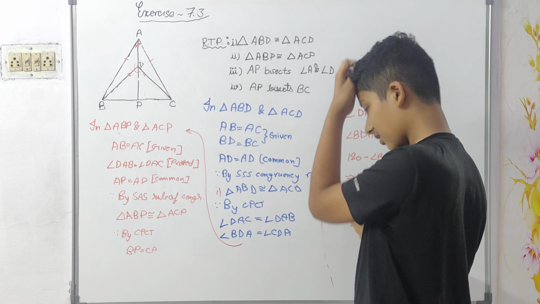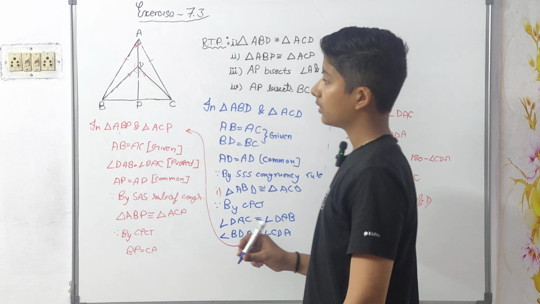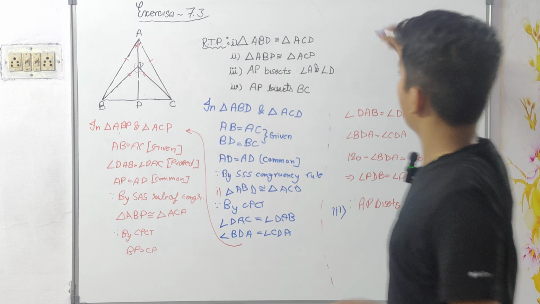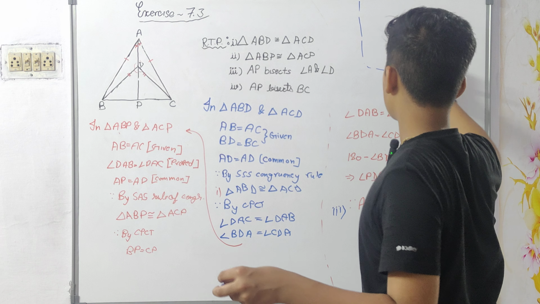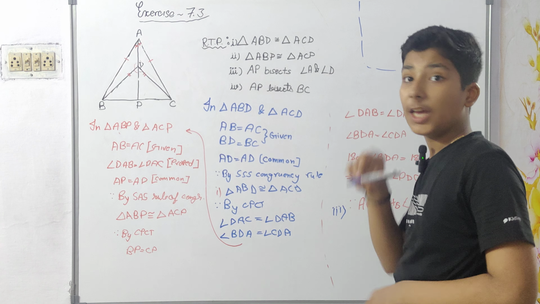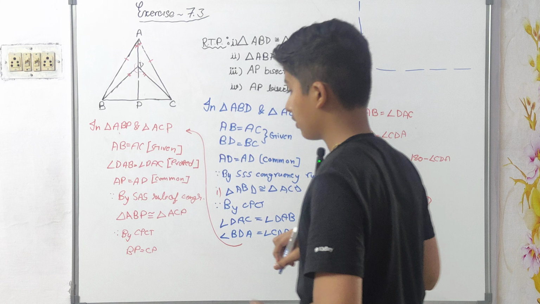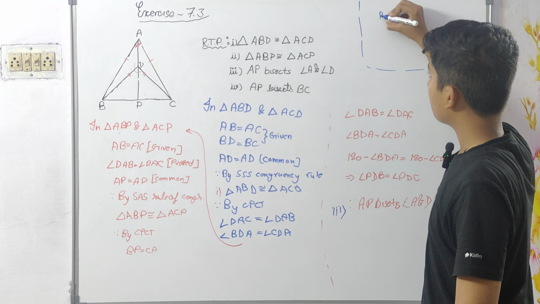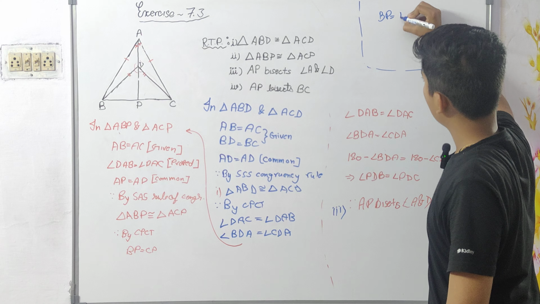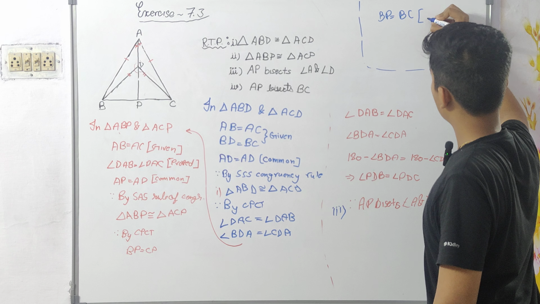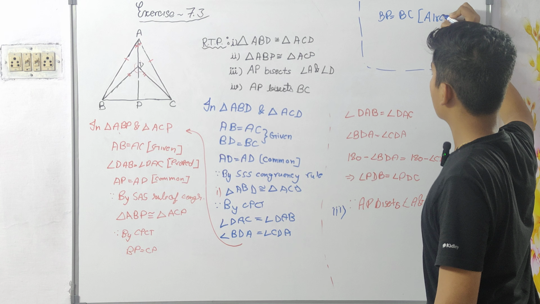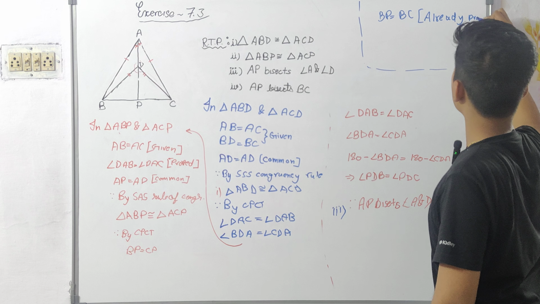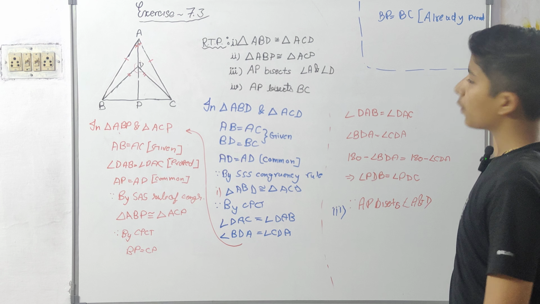This was third one. Now at last we have to prove that AP bisects BC. So we'll prove it here. AP bisects BC. So BP equals to PC. Already proved. We have proved this.